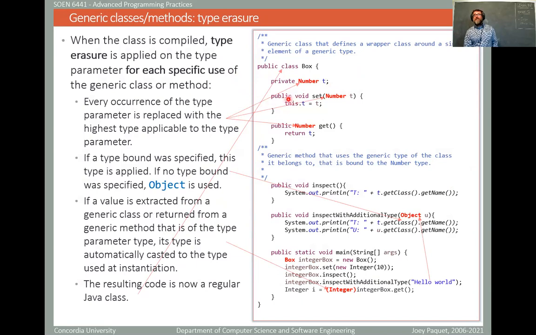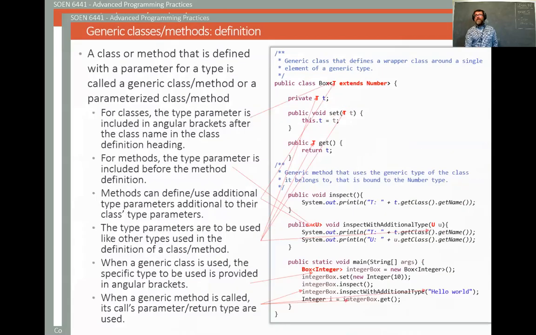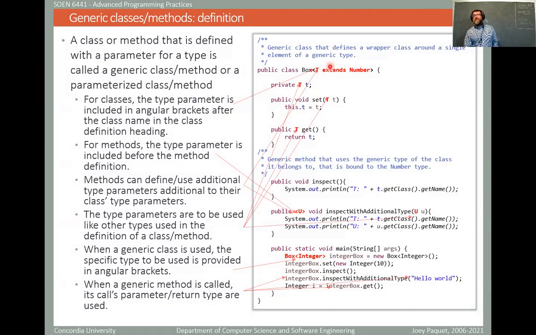So what's happening is that as this class is being compiled, it essentially replaces all instances of T by the upper bound of what T is. So if you do have a bound on your variable T, say Number, it's going to replace all occurrences of T by Number.